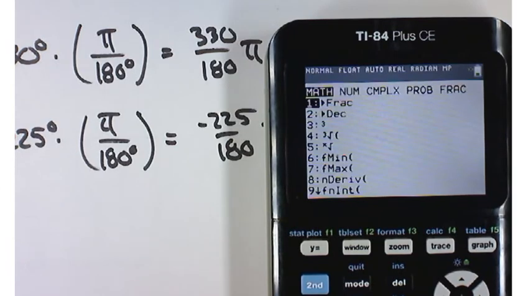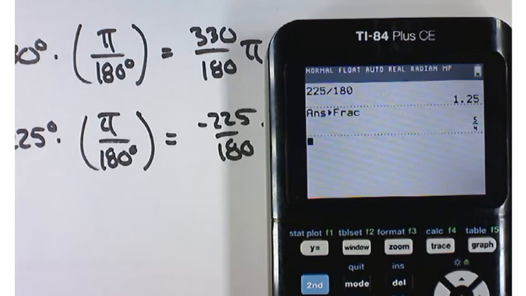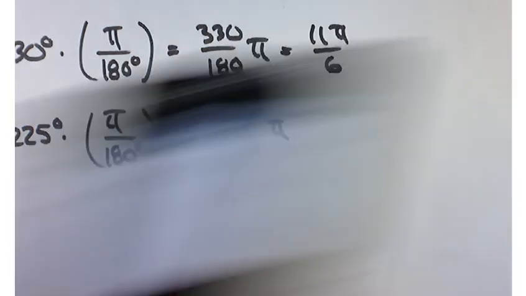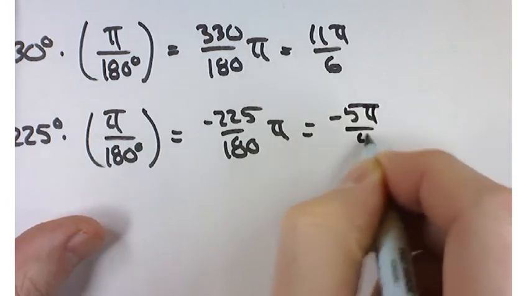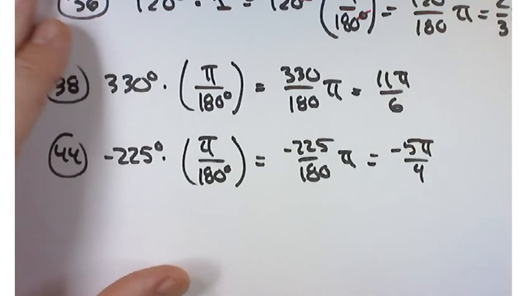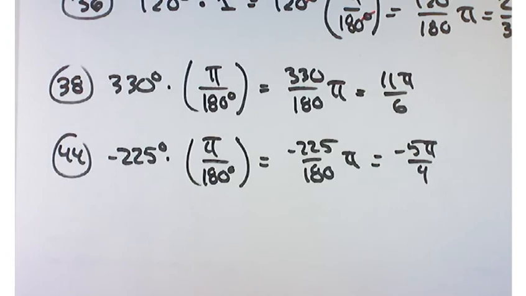Hit the answer fraction key. You should get 5/4. So overall, your final answer should be negative 5 pi over 4. Does the negative matter? Yes. Yeah, I want the negative there. Because that means you're going clockwise versus counterclockwise from the starting position. So yeah, thank you.